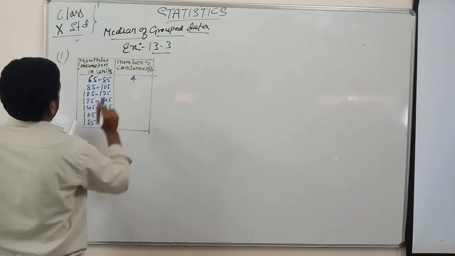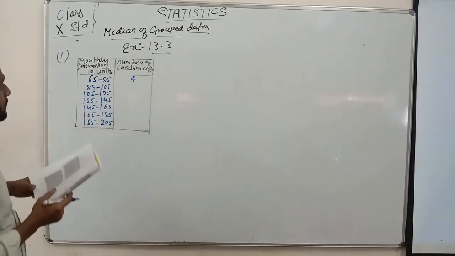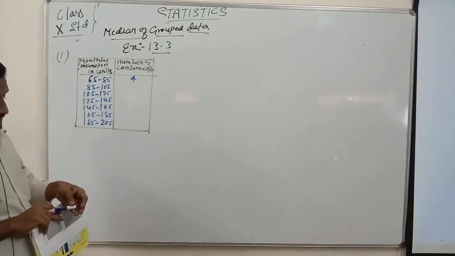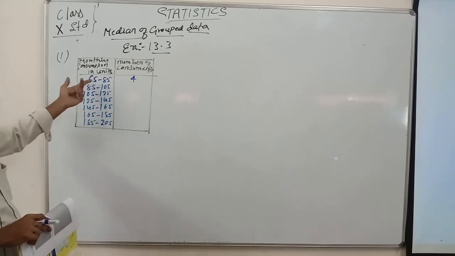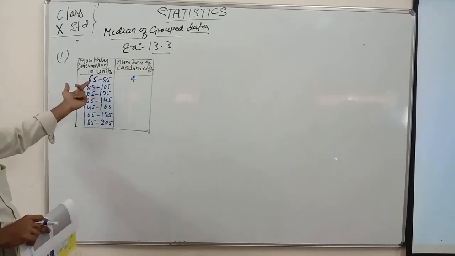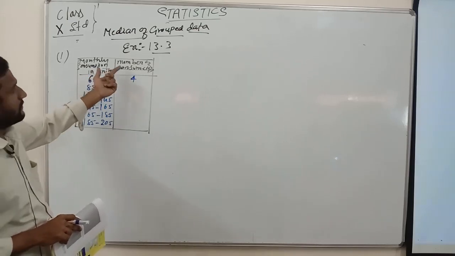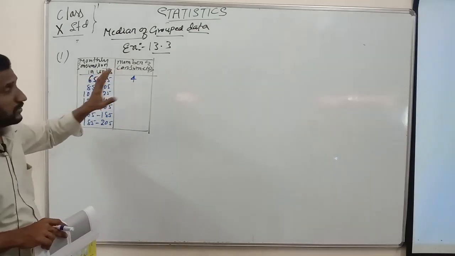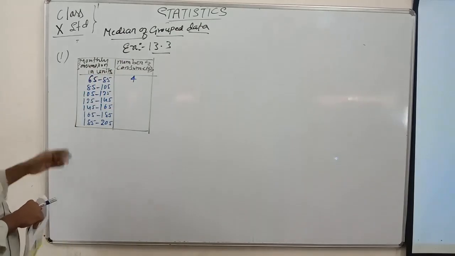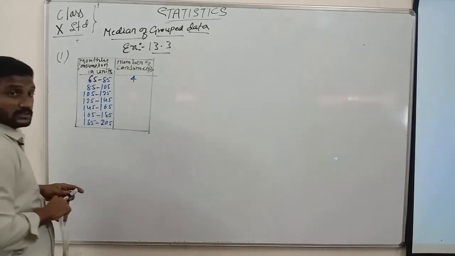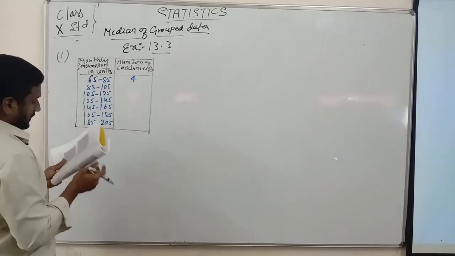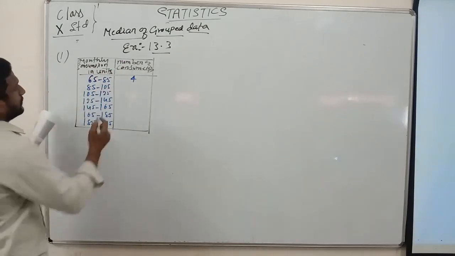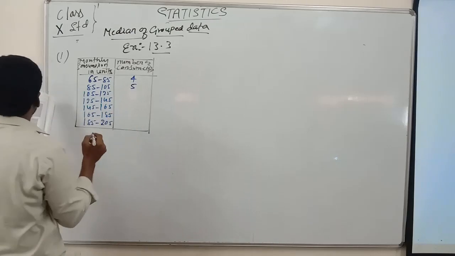Here 4 are there. So monthly consumption, how many units? For example, current power units, how much is consumed for a month? Some families consumed 65 to 85 units, and the number of consumers like that is 4. For 85 to 105 units per month, there are 5 families.